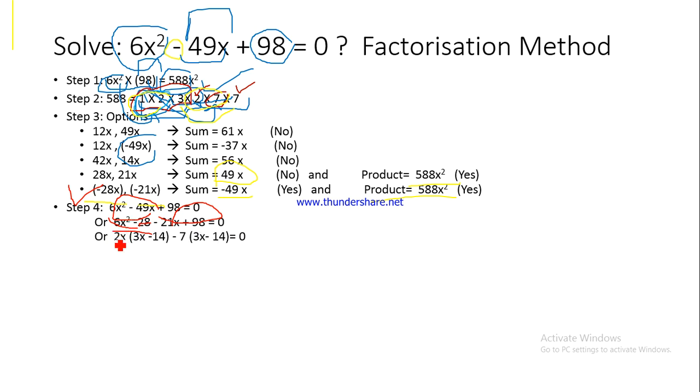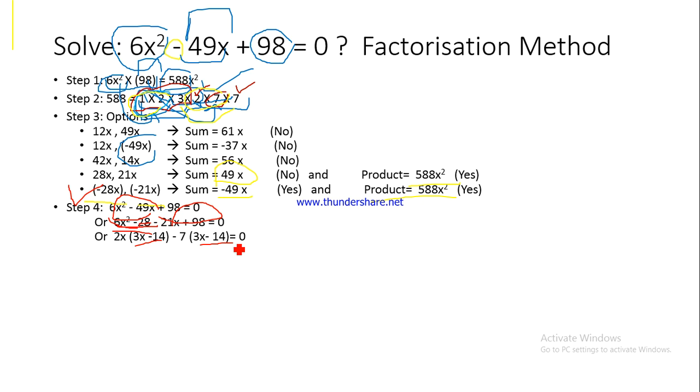In this particular context, I have taken out 2x. So what remains inside is 3x minus 14. Out of this term, 6x square minus 28x, I have taken 2x as common. So what is left inside is 3x minus 14. Here I have taken up minus 7. So what is left inside is 3x minus 14.